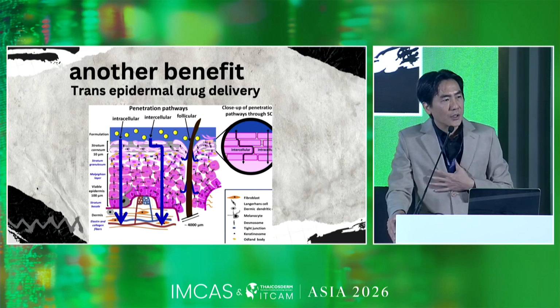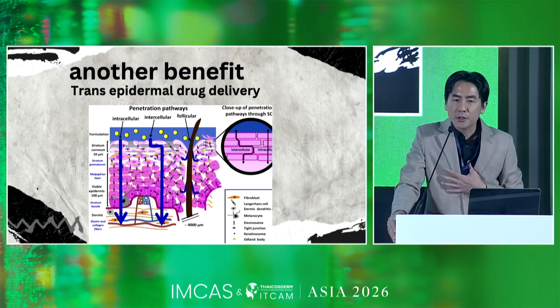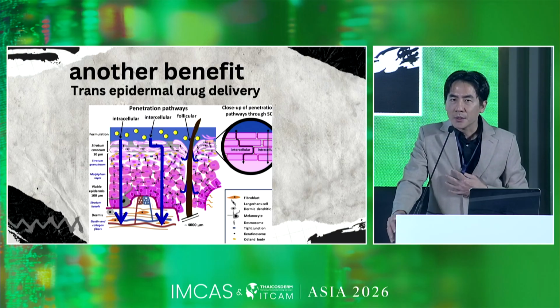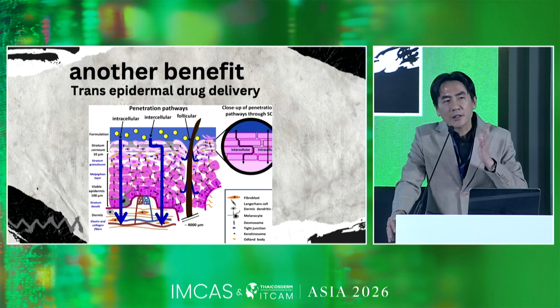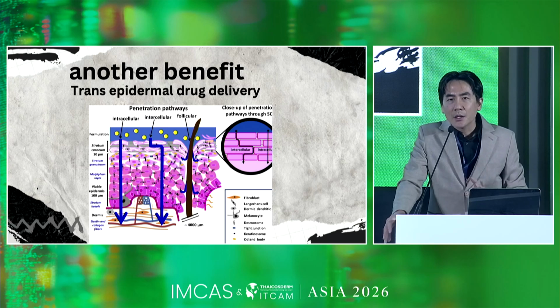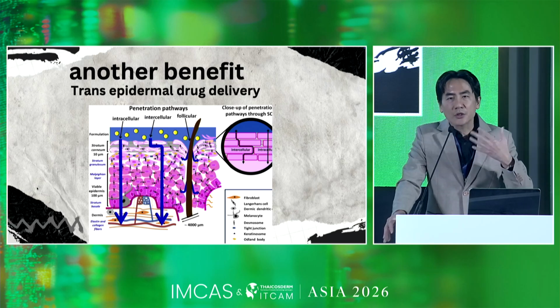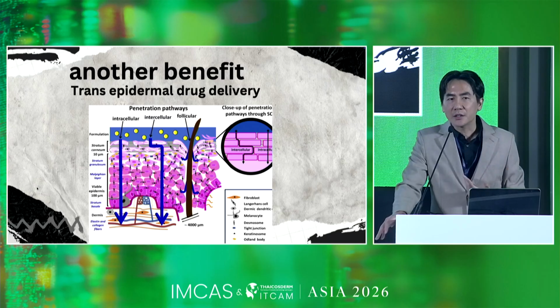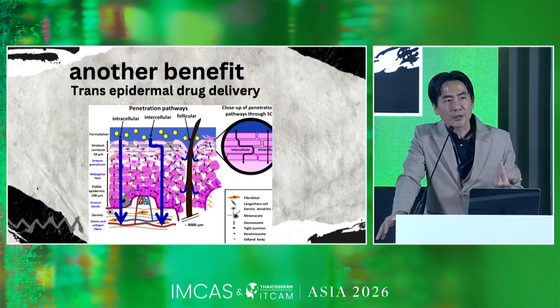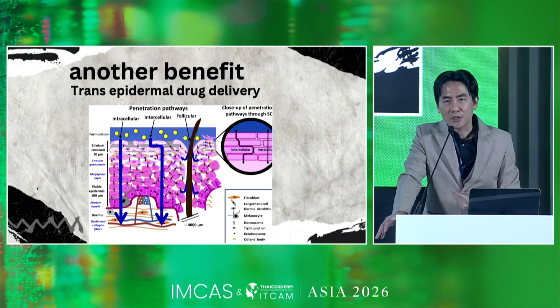In our skin, we normally know there is a rule of 500 Dalton. Basically, if our keratin is fully healthy and we apply drugs topically, drugs above 500 Dalton in size cannot penetrate into our skin. That's the rule of 500.